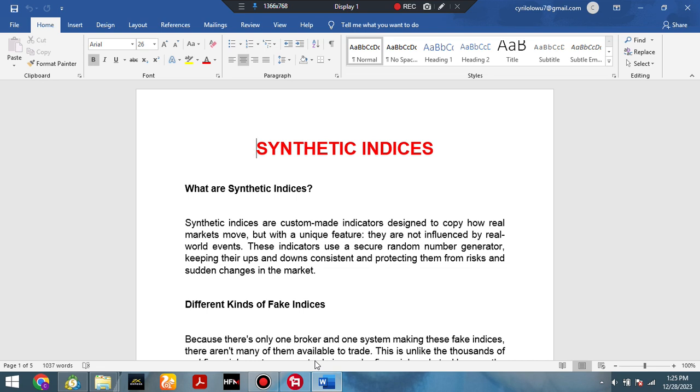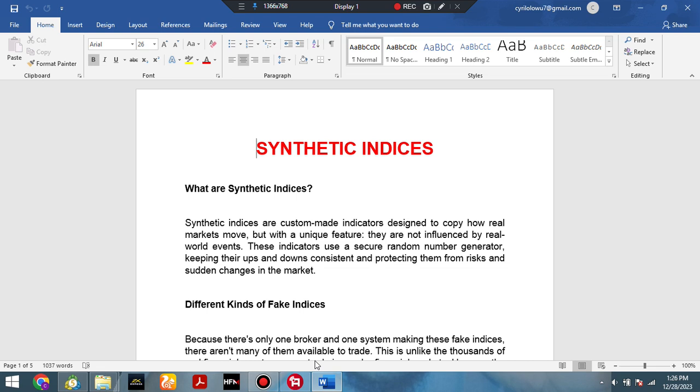And what are these world events? Economic news and holidays don't affect the synthetic indices. And you can trade it from Monday to Friday, sorry, Monday to Saturday, even Sundays. That means it can be traded even on weekends. But in the case of forex, you only trade on working days because it involves institutions like banks to transact all this business, to transact the flow of income or money.